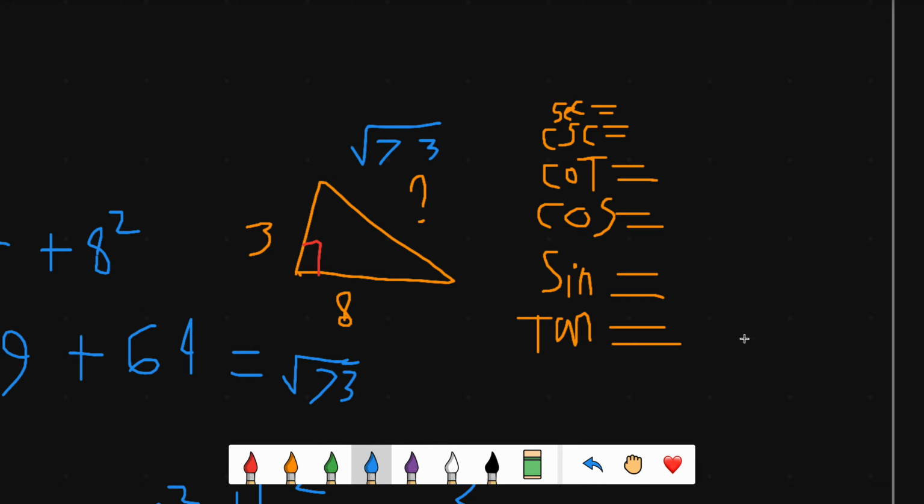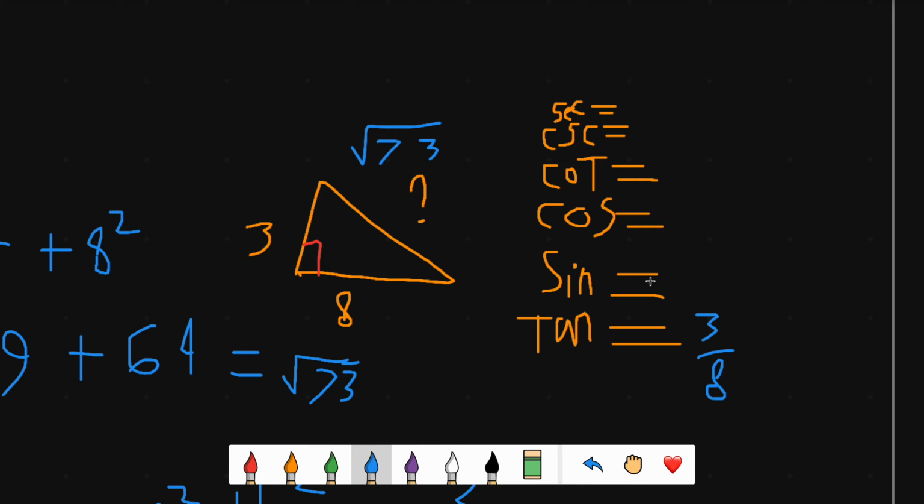But still, we can also use this. How? Let me teach you. Tangent is the opposite over the adjacent, so it'll be 3/8. Now what is sine?